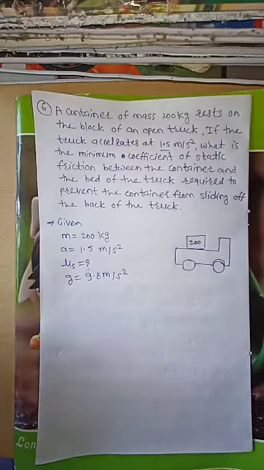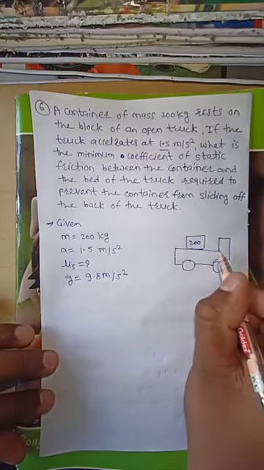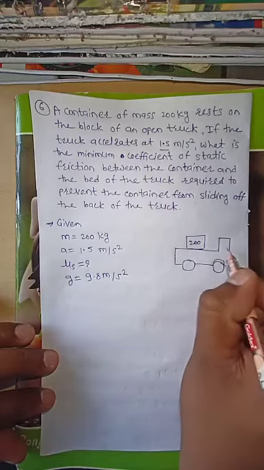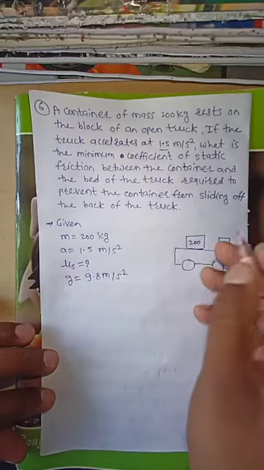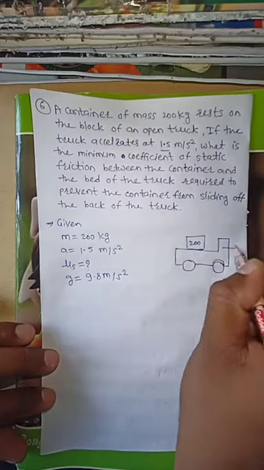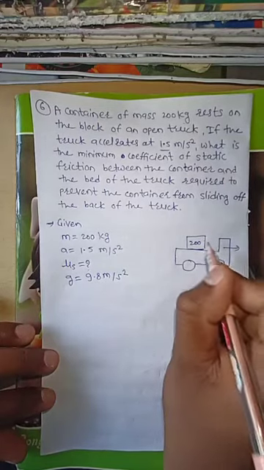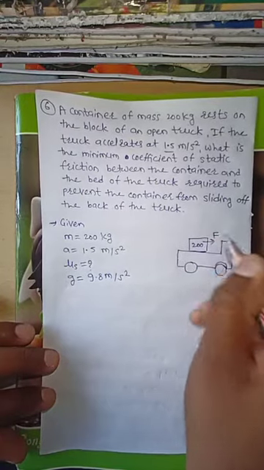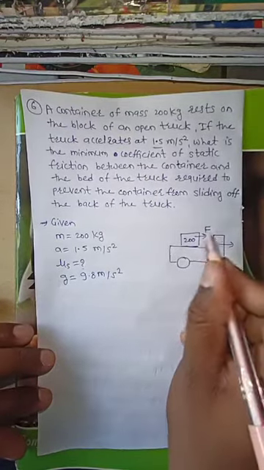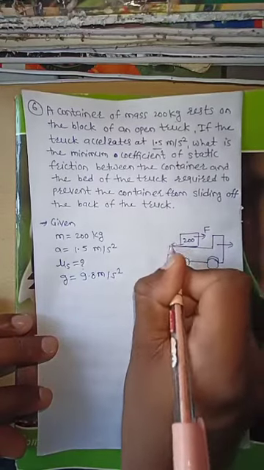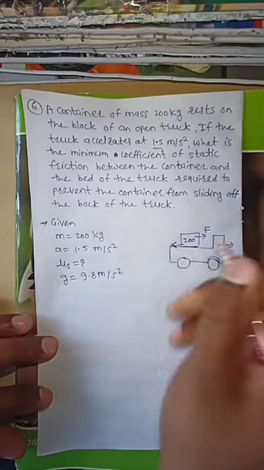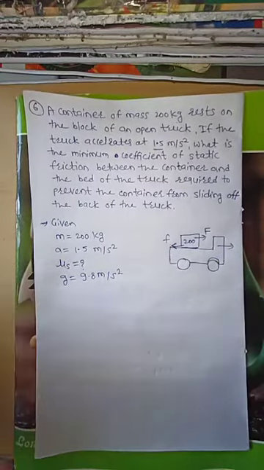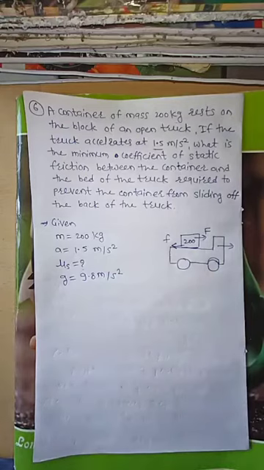Now, see here, suppose the truck is accelerated in that direction. When this truck is accelerated in that direction, then the force acts on the block in that direction, and the frictional force is opposite to that of motion, which means in the other direction the frictional force acts on the block.